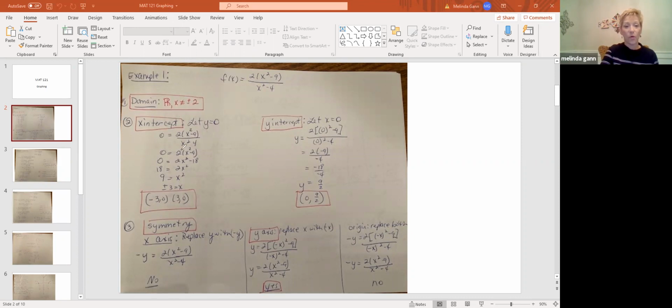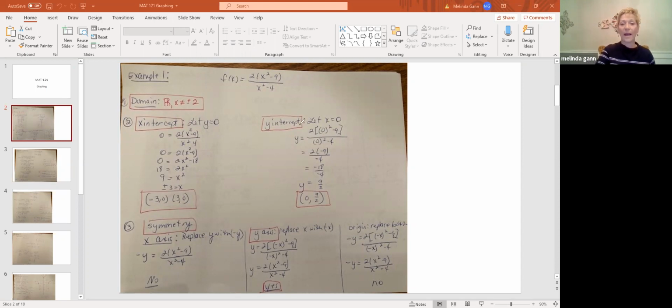So I just set this numerator equal to 0, distributed that 2, added 18 to both sides, divided both sides by 2, and got x squared is 9. So of course that meant x was positive or negative 3. Now remember, I want your intercepts as points. So you already told me that the y was 0. So it's the point negative 3, 0 and positive 3, 0. So those are our x-intercepts on our graph. So we've already got 2 points now.